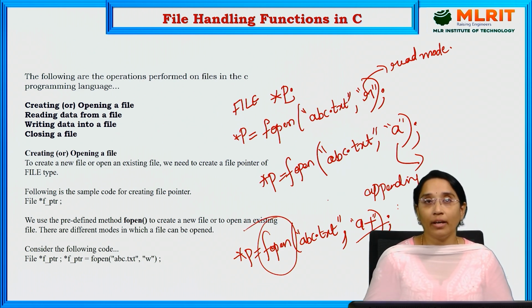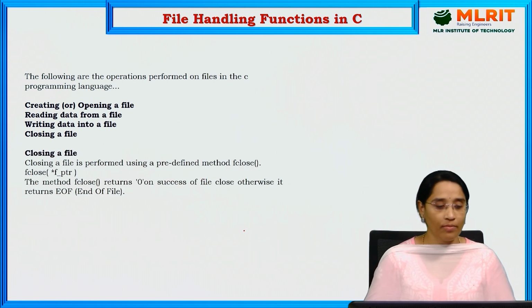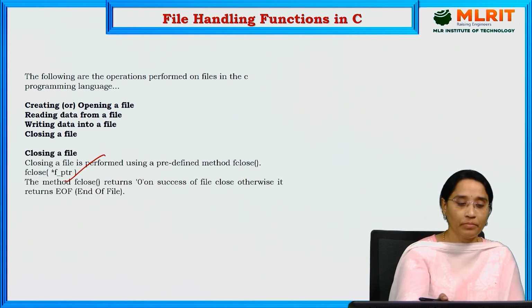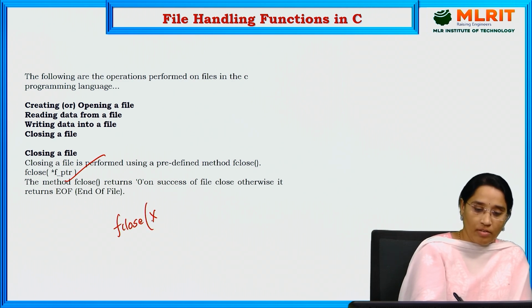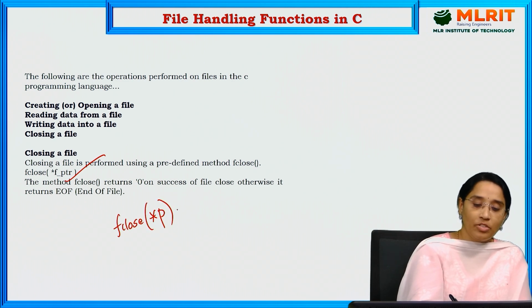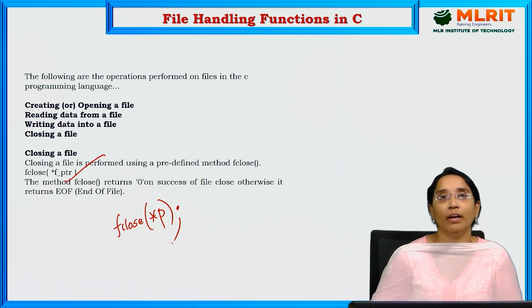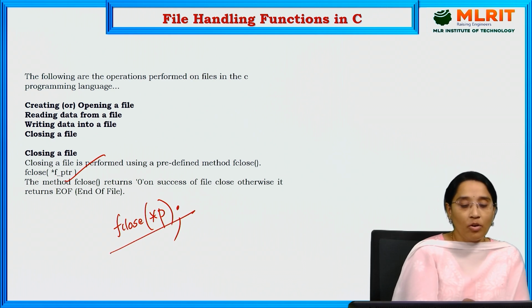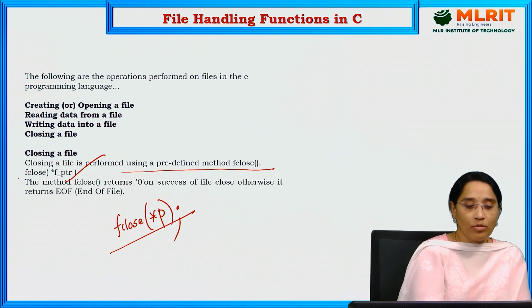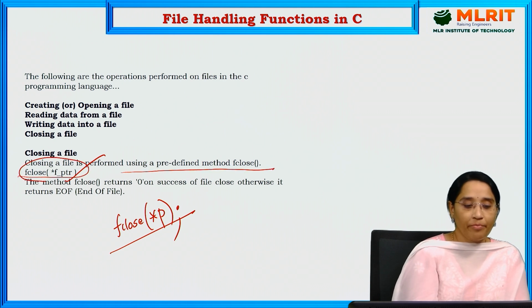Once you are done, it's your responsibility to close that file. That's why we have this function fclose. Once you are done, fclose of which file you are pointing, the pointer variable you have created, you have to give. So fclose of pointer fp. Closing a file is performed by using the predefined method fclose of file pointer fptr.